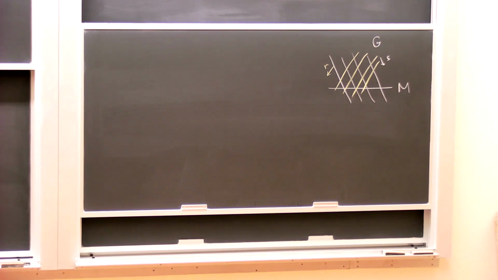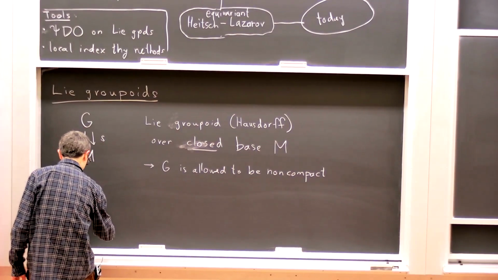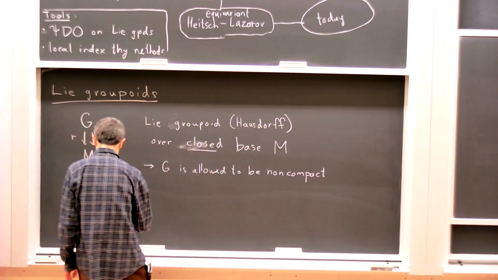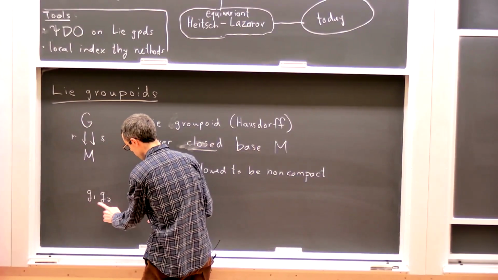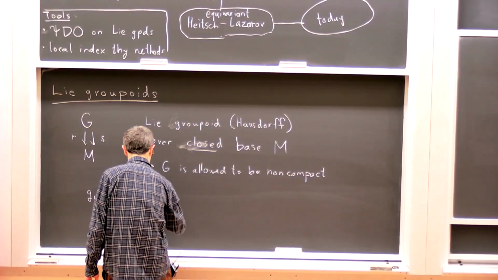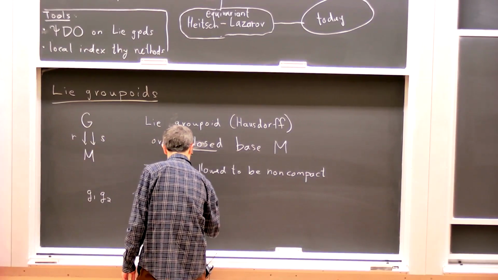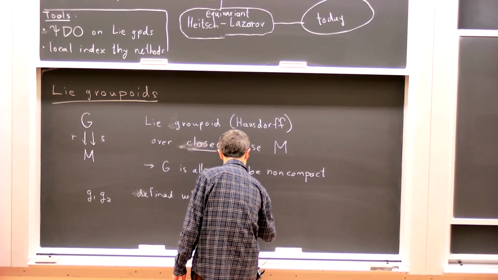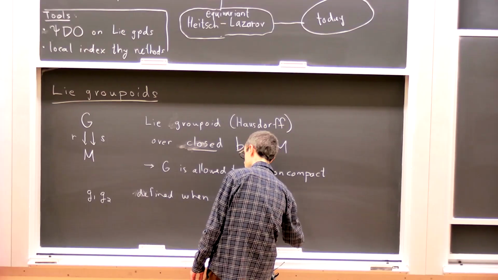In terms of my convention, for the groupoid multiplication I'm going to write G1, G2. So these are two elements in the groupoid. This is defined when the source of G1 equals the range of G2.